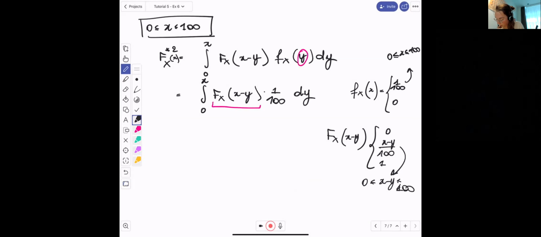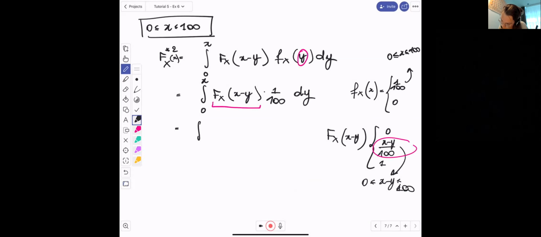We know that y will take on values between 0 and x, which means that x minus y will take on values between 0 and x, which is smaller than 100.